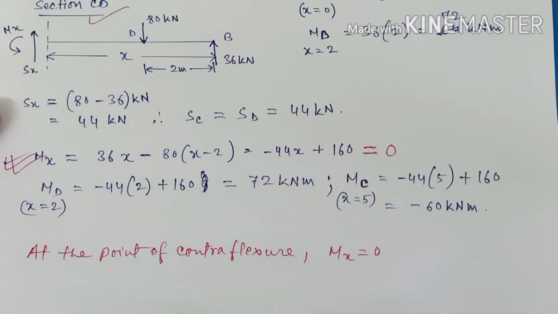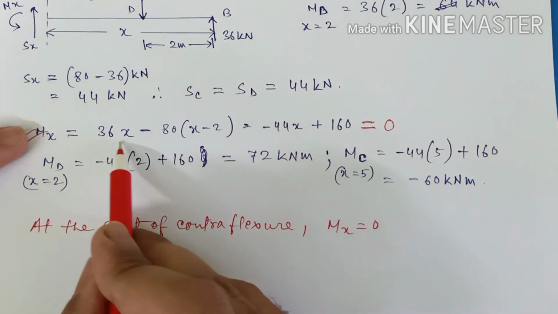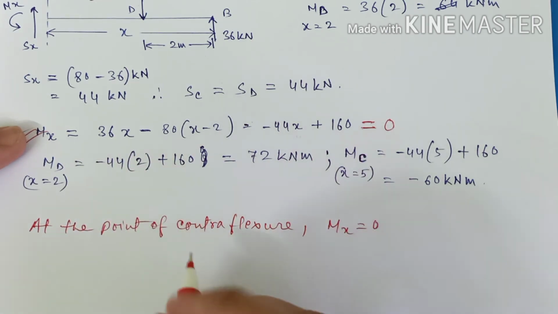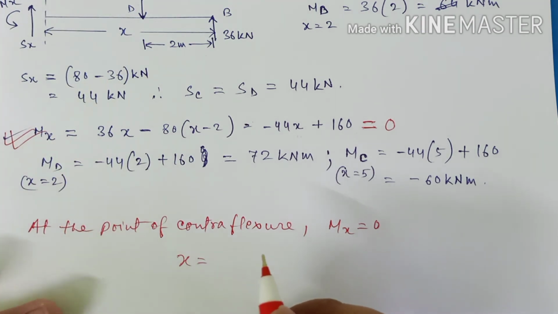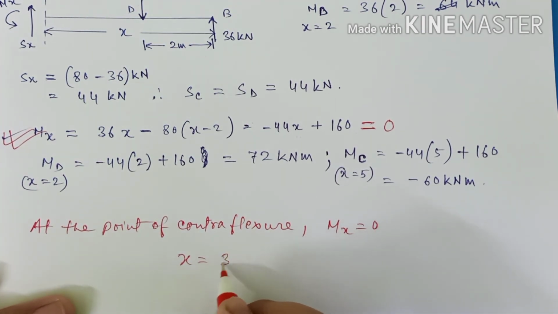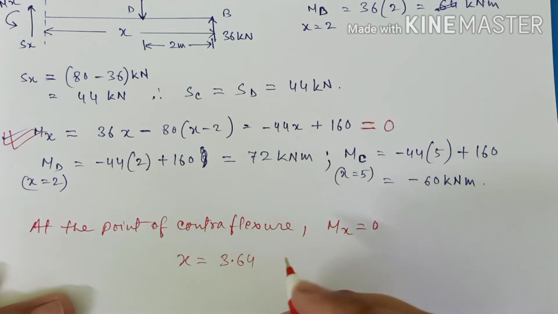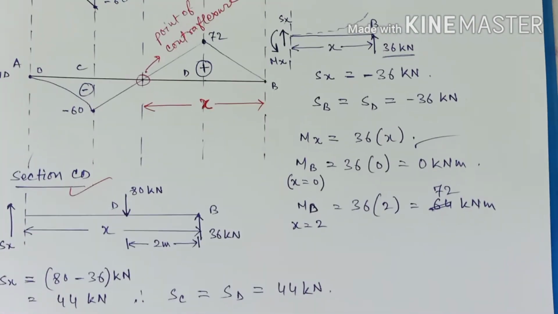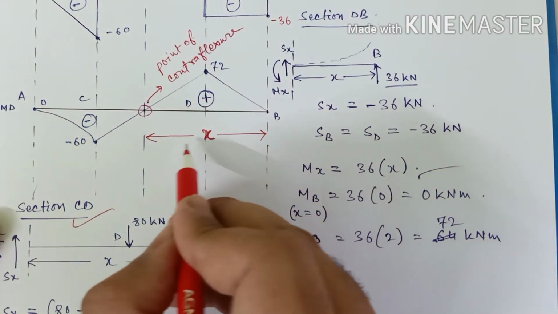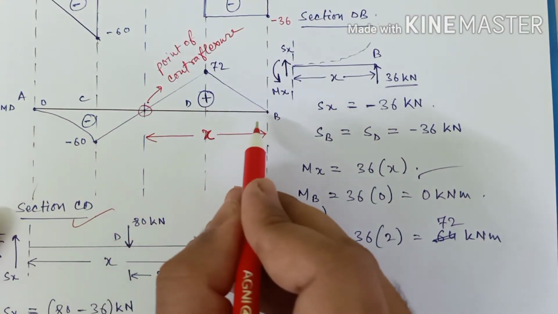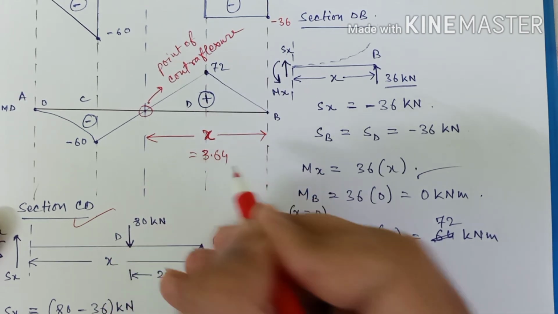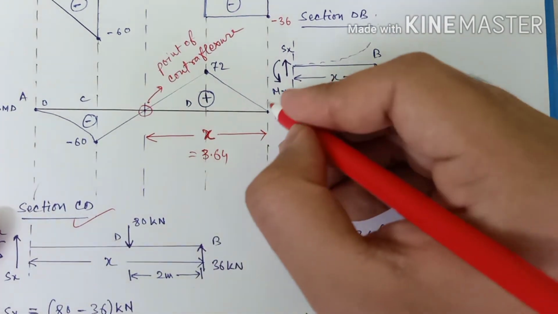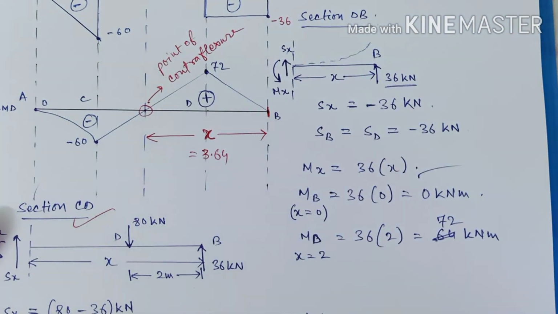It is as simple as that. If you calculate the value of x, I have already done the calculations, x will come to 3.64 meters. So we can say that this point of contraflexure is at a distance of 3.64 from the origin, that is my point B.